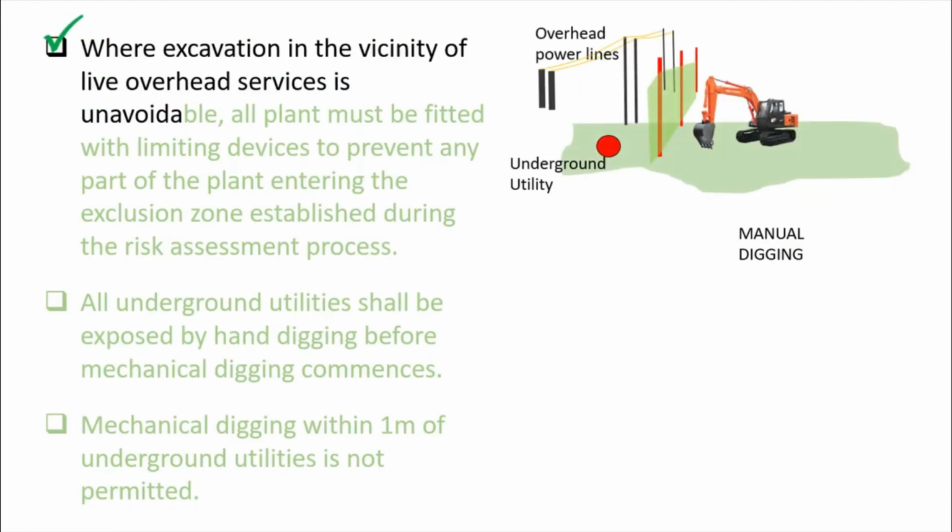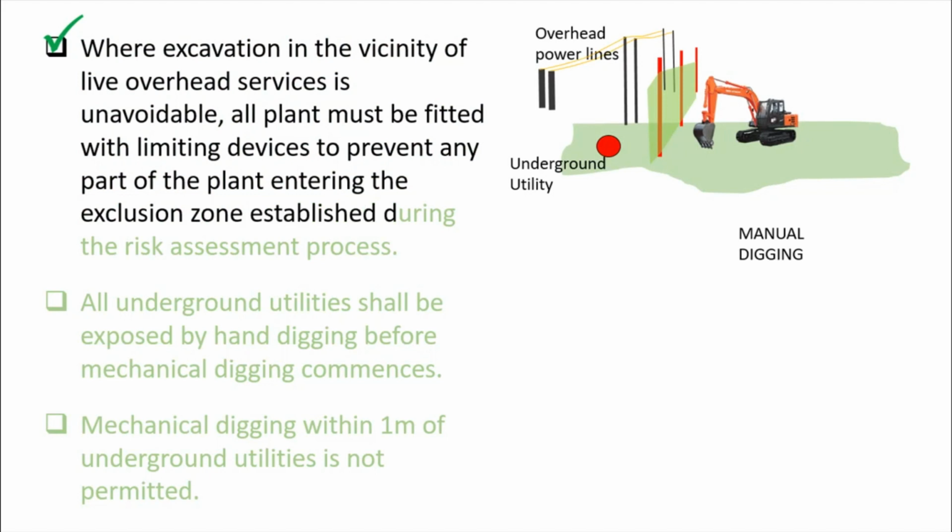Where excavation in the vicinity of live overhead services is unavoidable, all plant must be fitted with limiting devices to prevent any part of the plant entering the exclusion zone established during the risk assessment process. Okay, so as you can see here, you will do the excavation here, but you have overhead power lines in the area.